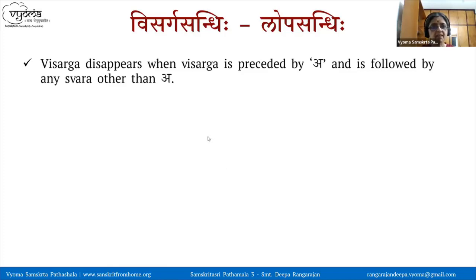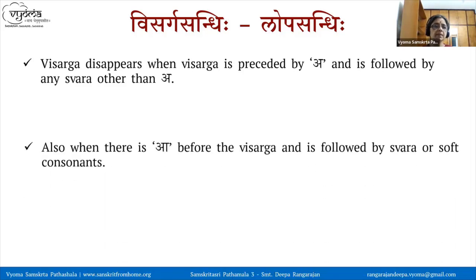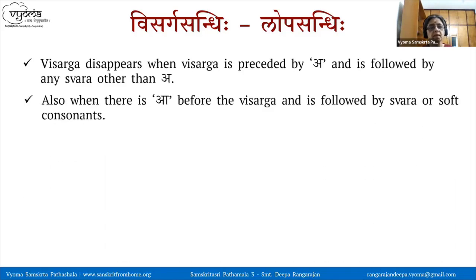So next is the lopa of Visarga. It happens when the Visarga is preceded by Akara but is followed by a swara other than Harasva Akara. When it is followed by Harasva Akara, Utvam happens. When it is a swara other than Akara, then a lopa happens. Also, when it is preceded by an Akara and followed by any swara or soft consonant, the Visarga elides.